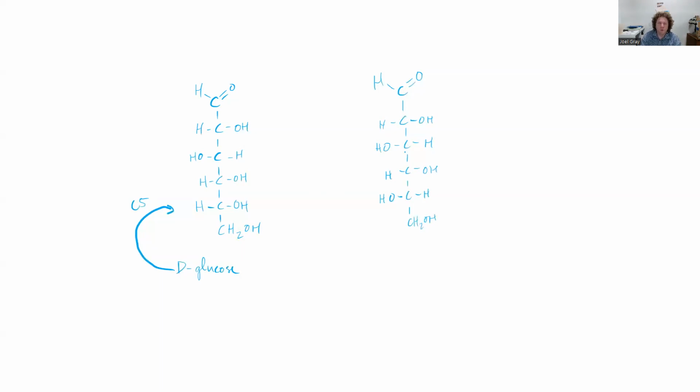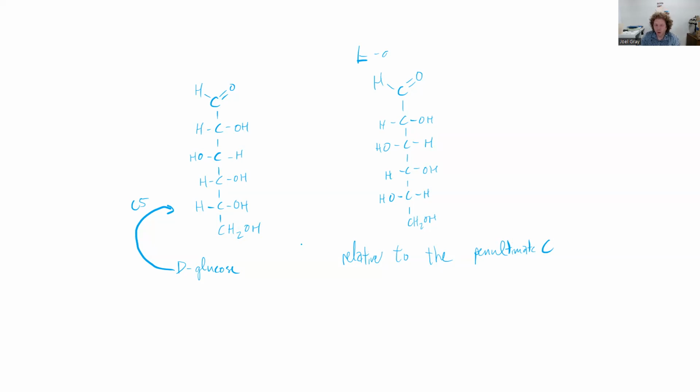Now, carbon number two, three, and four, those have hydroxide groups at the same positions, but what's important to notice about them is that relative to the penultimate carbon, all these hydroxide groups are in the opposite positions. So this right here is L, or sorry, this is an L sugar, but it is not L-glucose.